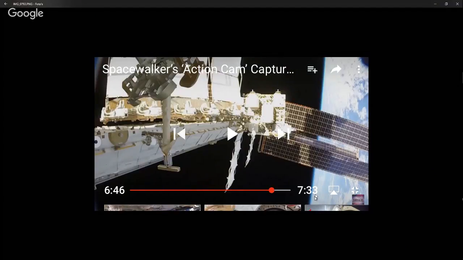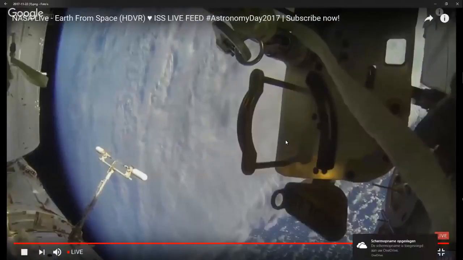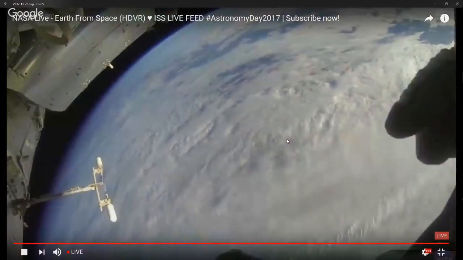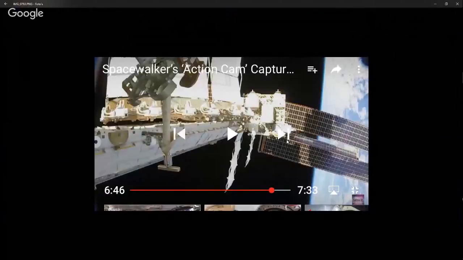Same like this. ISS is at 400 kilometers height, flat. And on the other images with the fisheye, well, we see this. Crazy, don't you think?